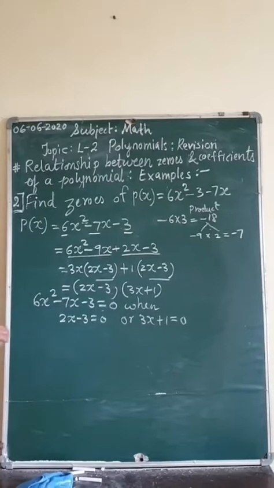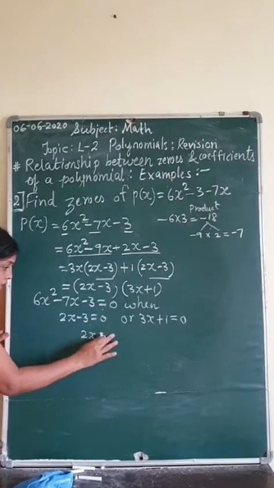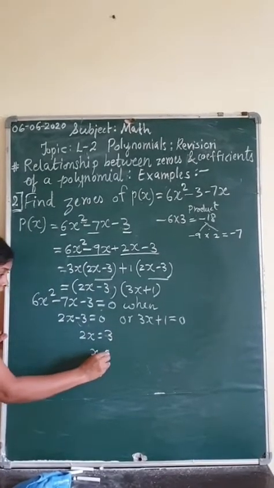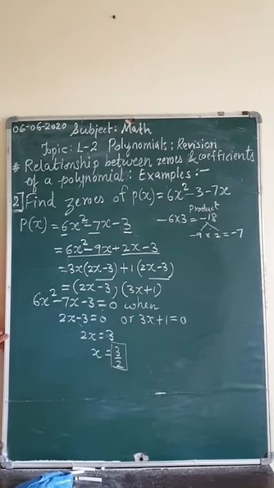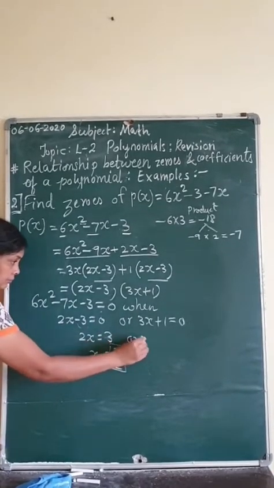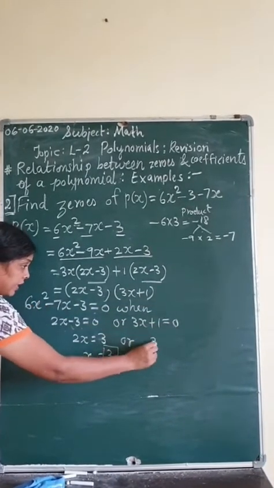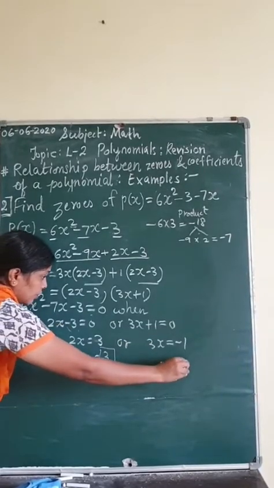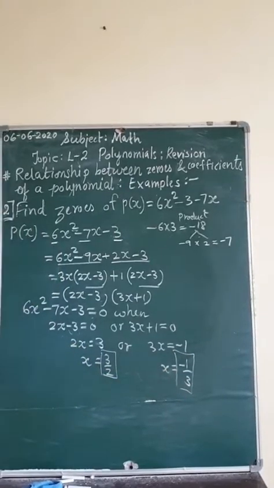Then 2x is equal to, transposing minus 3 over here, 3, and finally x is equal to 3 upon 2, one value. Or, transposing plus 1 to this side, we get 3x is equal to minus 1, and finally the value of x as minus 1 upon 3.